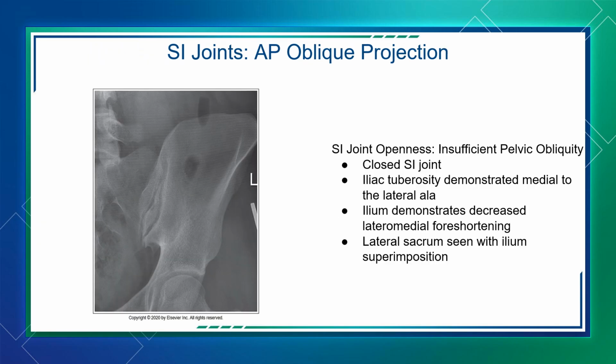This is just an example of excessive obliquity or insufficient obliquity, where the patient is not rolled to the unaffected side to the degree of obliquity that is required to open that SI joint. The sacrum here is superimposing the ilium here, and we should not get that.